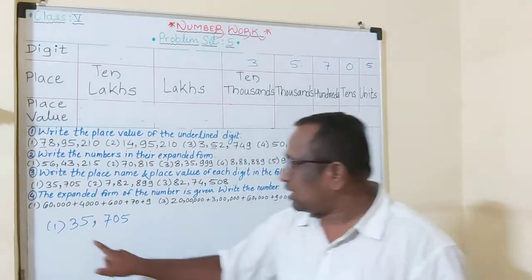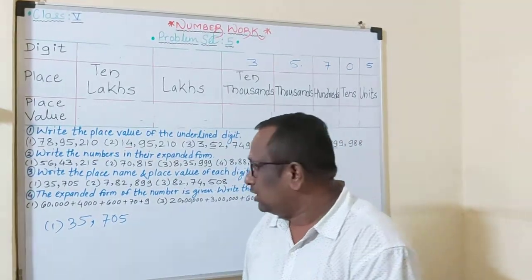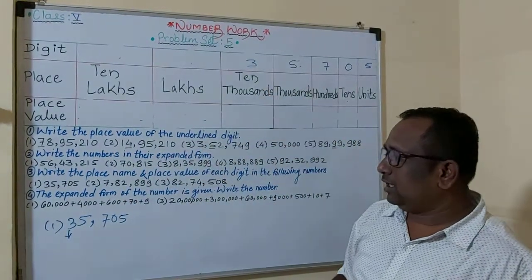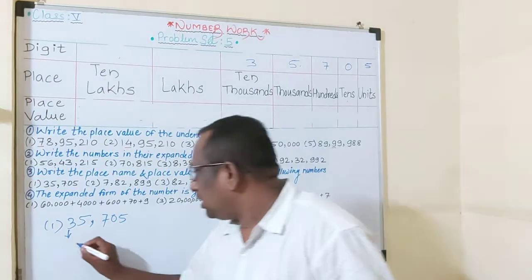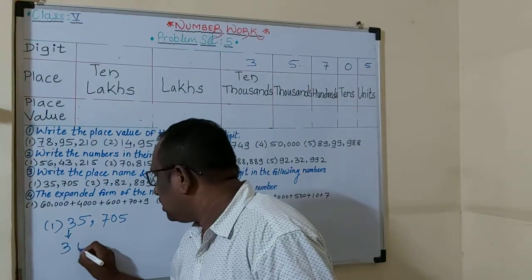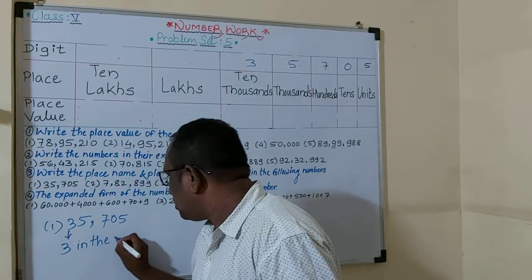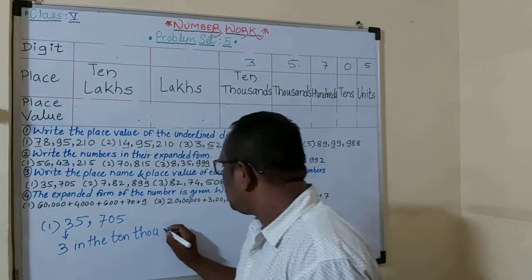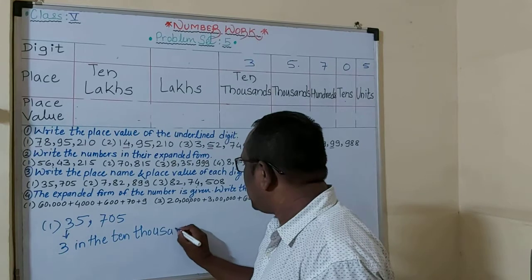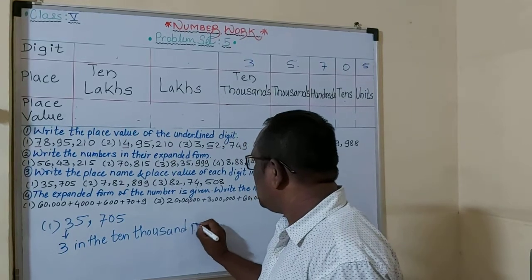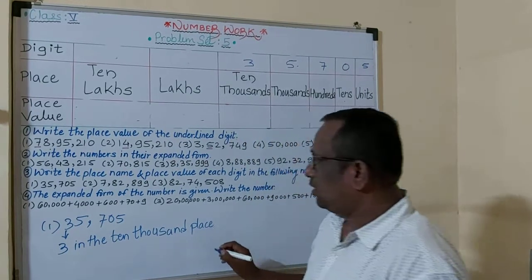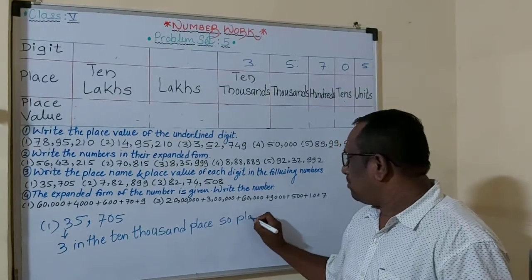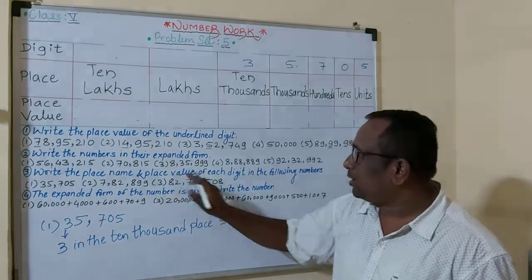First we have to write the place name. We have to start from here. This 3, where is this 3? At the 10,000 place. So 3 in the 10,000 place. Then you have to write the place value.